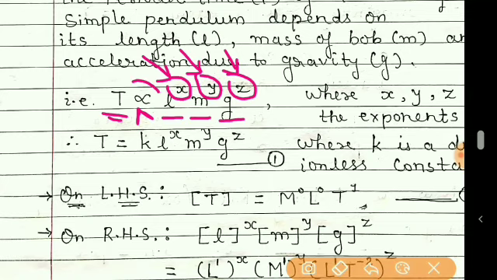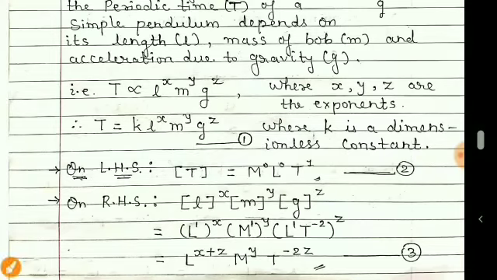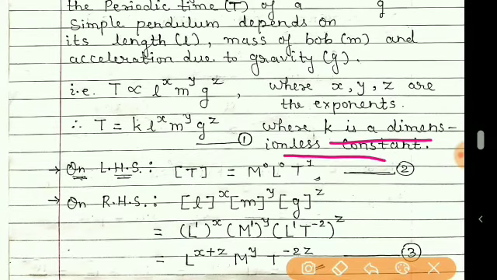Whenever we remove the proportionality sign, there must be some constant, and this constant which arises due to the proportionality is always dimensionless. Let us give this equation number 1.